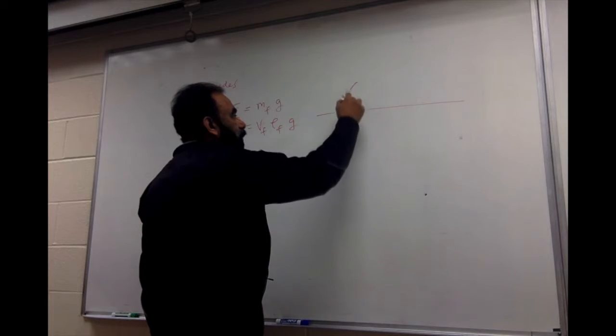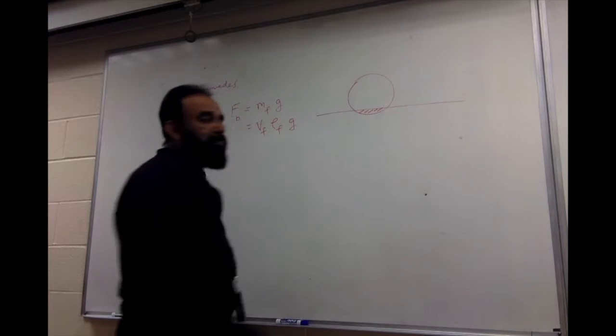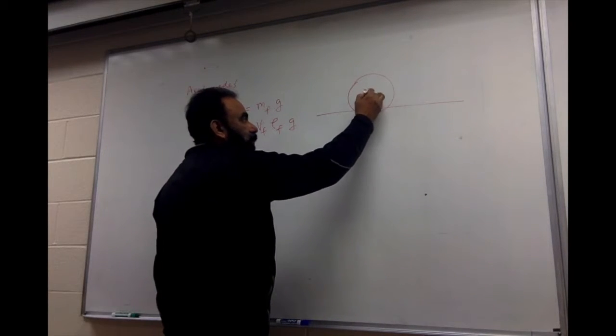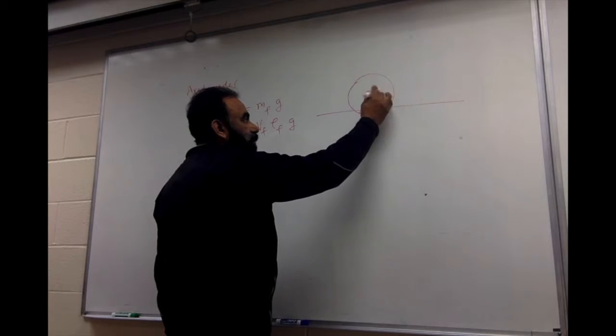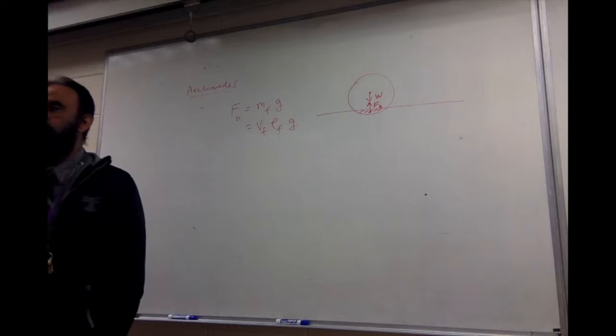Now we were discussing the ball. When the ball is floating on water, with a little bit of the ball submerged, the weight of the object and the buoyant force are actually equal to each other, because they are in equilibrium.